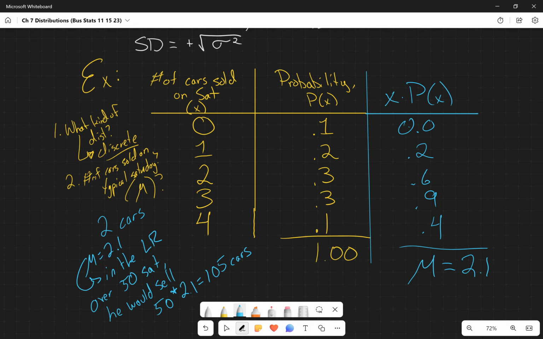But honestly, either answer is correct, because again, you can't sell one-tenth of a car. I mean, I guess you can at a junkyard, but not at a regular car dealership, right?